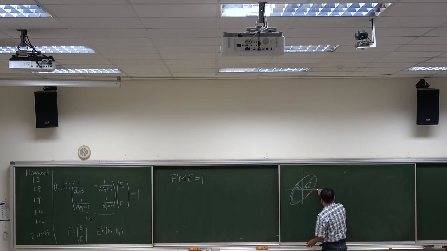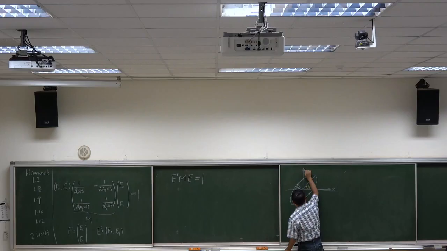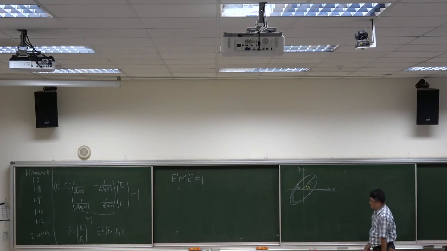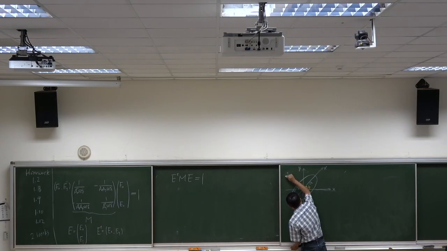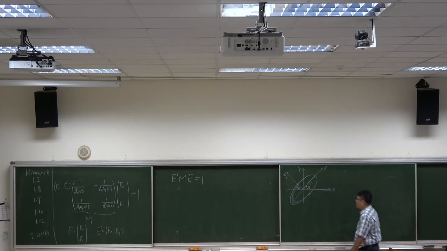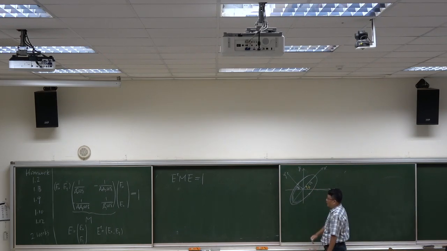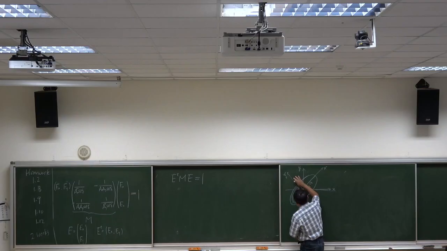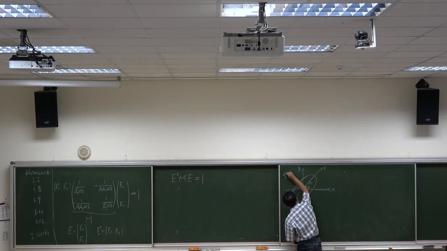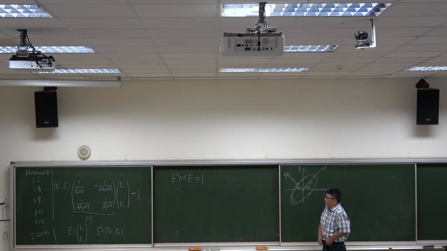Now, this is the original XY coordinate system. Now, if we rotate our coordinate system, I rotate the coordinate axes by angle phi to the new coordinate system, x prime, y prime.